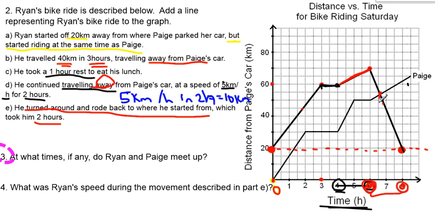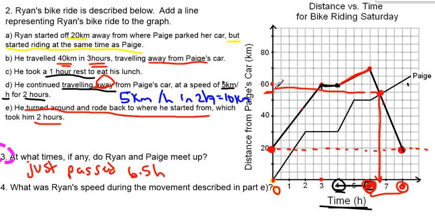Well, it looks like it's right about here, slightly past 6.5 hours. So just past 6.5 hours into their ride, we get this meeting between them. And I didn't ask it, but let's see anyway. Where were they? They were about 55 kilometers from Paige's car at that time. So maybe they waved, I don't know.